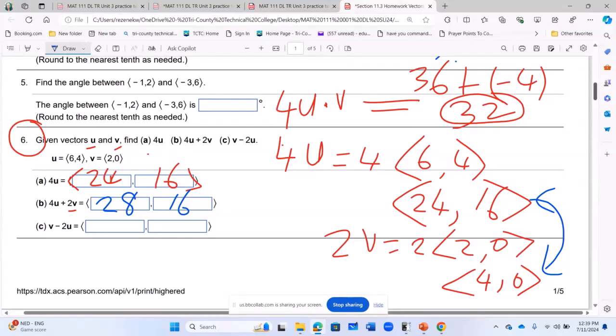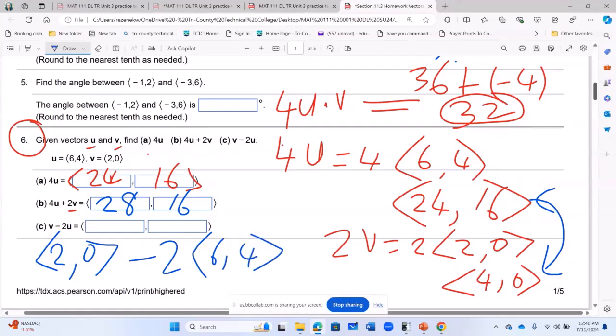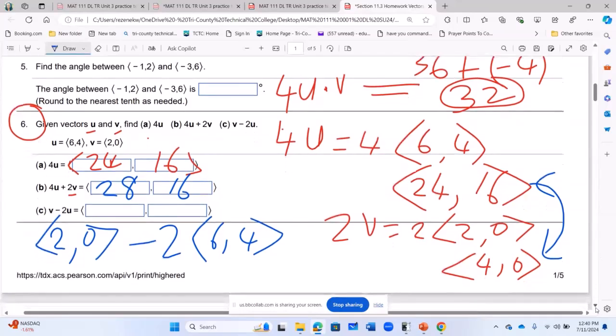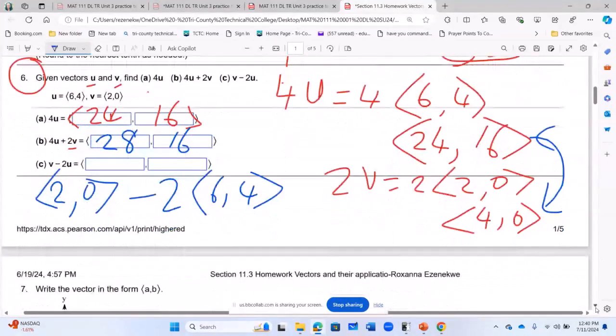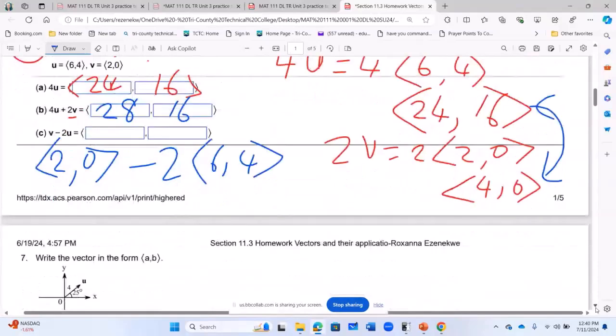If you're told to subtract vectors, no problem. You can subtract it. So let me bring down vector v, subtract vector 2u. So vector v is 2, 0. And I'm going to subtract vector 2u. Let me just put it down first. And then the next thing I want to do is simplify vector 2u. So 2 times 6 is 12.